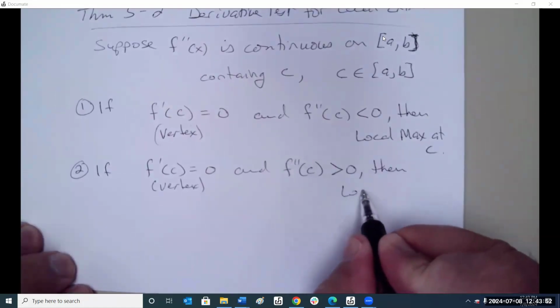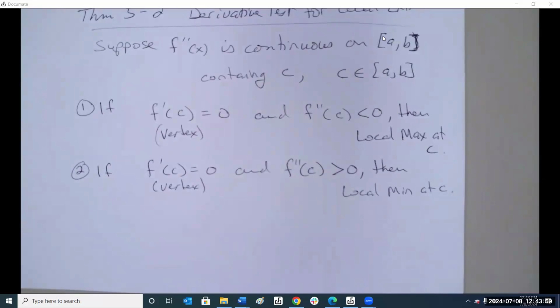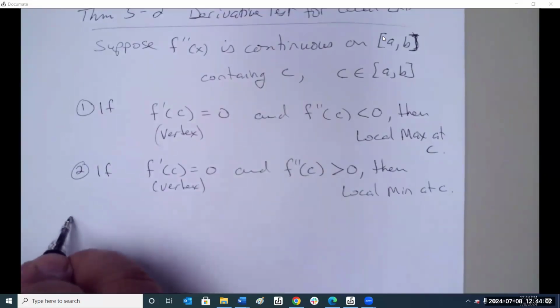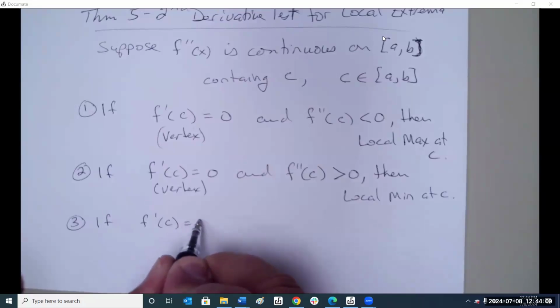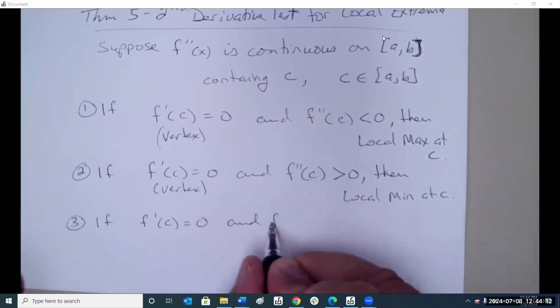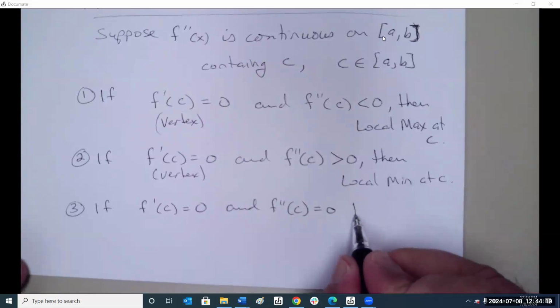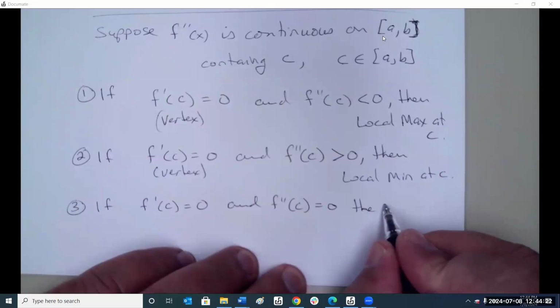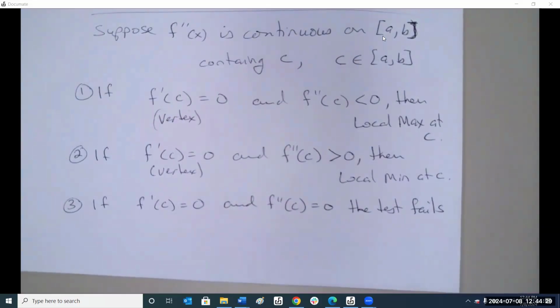That means we have a local min at C. And lastly, if the first derivative at C equals 0, and the second derivative at C is equal to 0, the test fails. We don't know what happens yet.